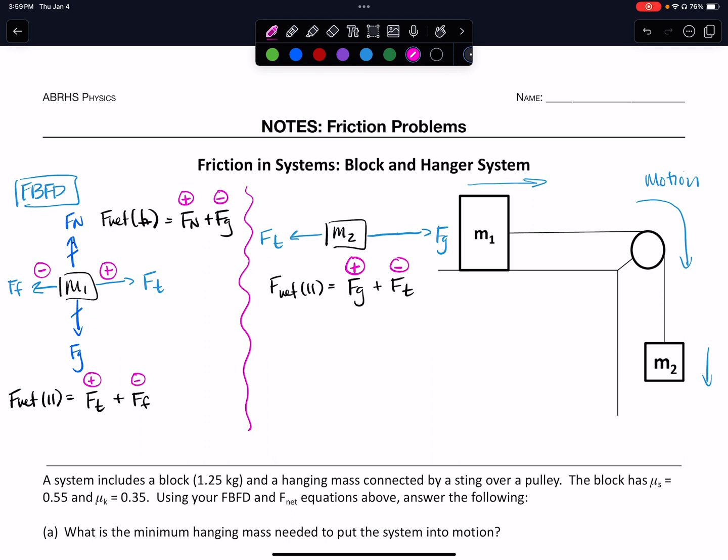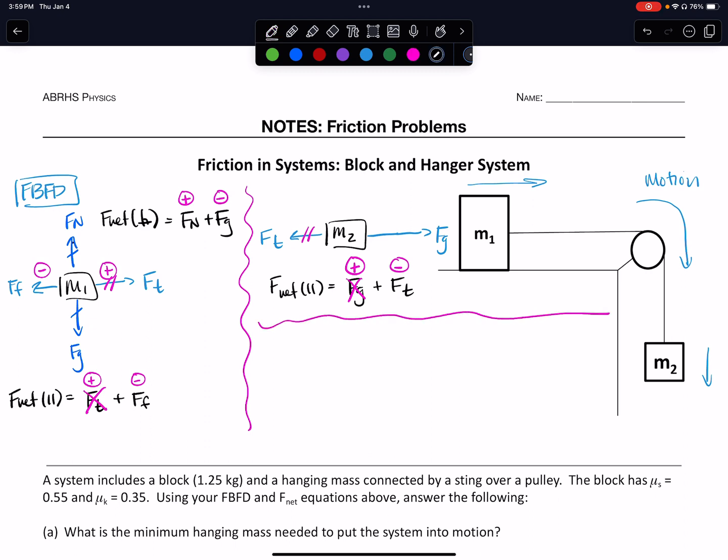Because this is a system, once I draw my object free body diagrams, I need to look for action-reaction pairs, and I've got one in the form of the tension. So the tension on mass 2 will be equal and opposite to the tension on mass 1. Those are going to cancel out, so I cross those out. And then what I'm left with is the system.